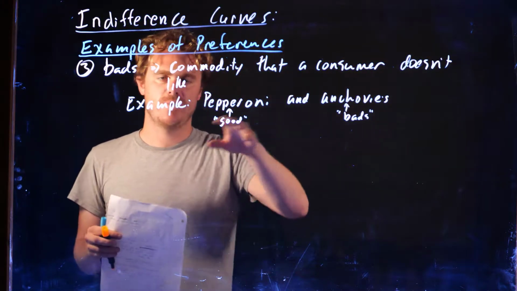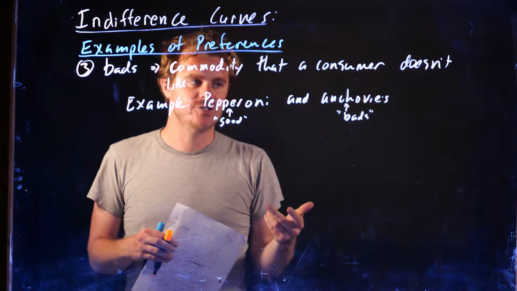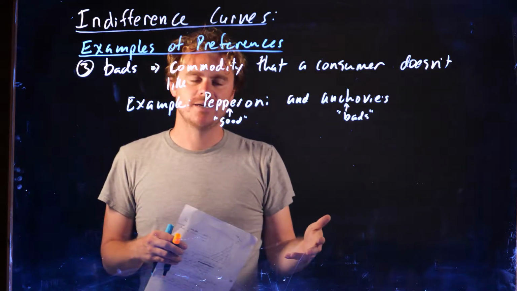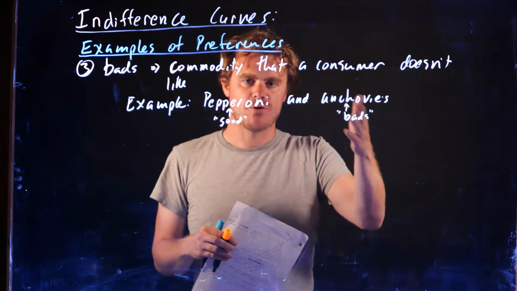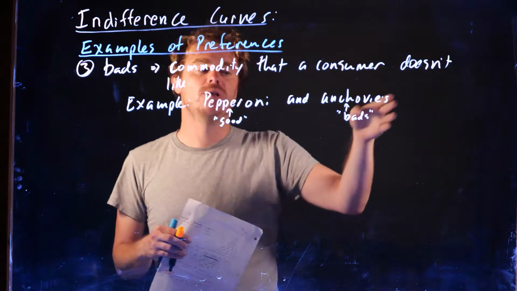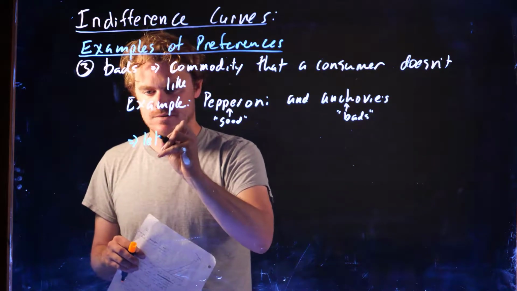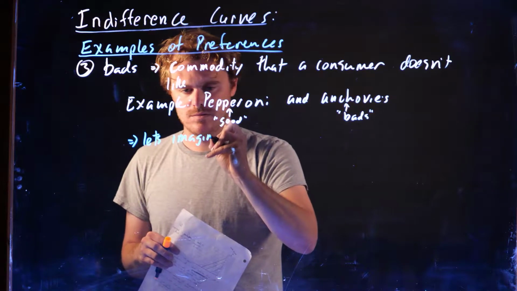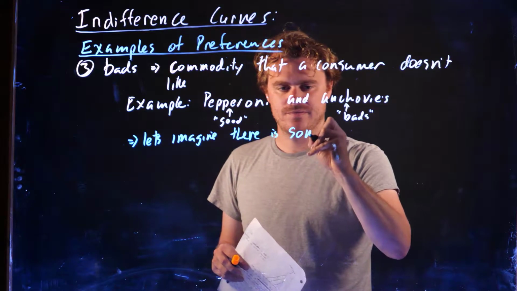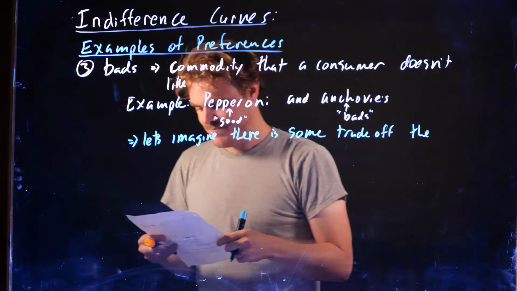So let's imagine that we have a good and a bad, and we're trying to draw the indifference curves for that situation. And imagine that we have this trade-off that the consumer is willing to make between pepperoni and anchovies, in the sense that as long as they get compensated enough with pepperoni, they're willing to have some anchovies.